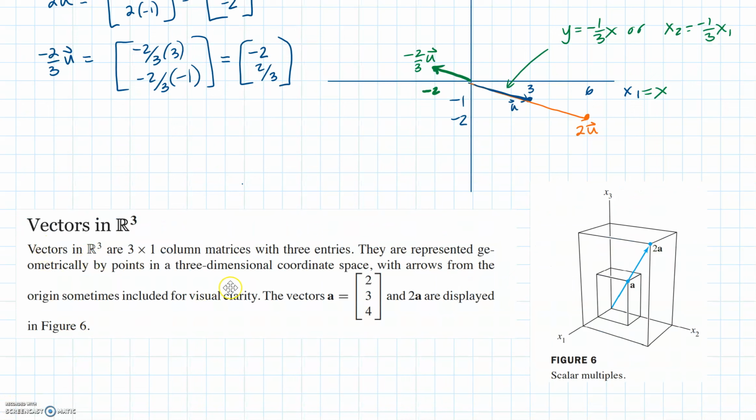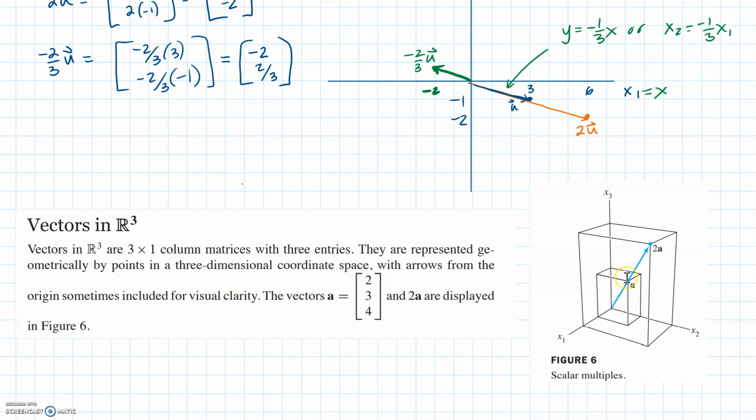Vectors in R3 are going to have 3 entries, or a 3 by 1 column. Here's an example of a vector a, in bold, (2, 3, 4). They represent geometric points in a 3-dimensional coordinate space with arrows from the origin, sometimes included for visual clarity.